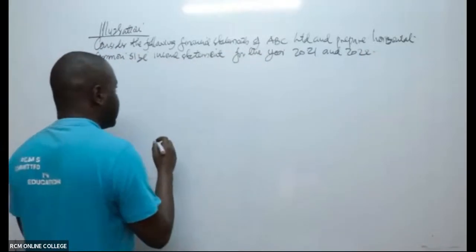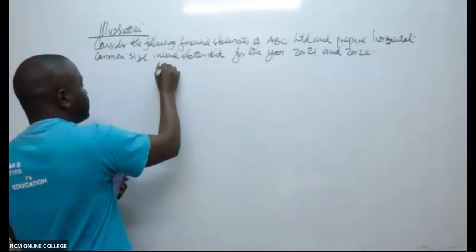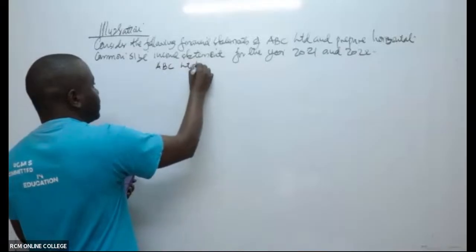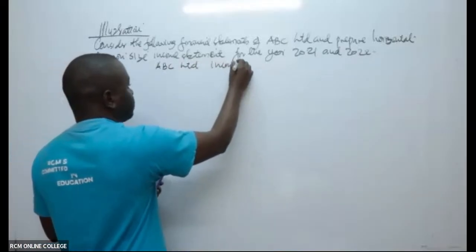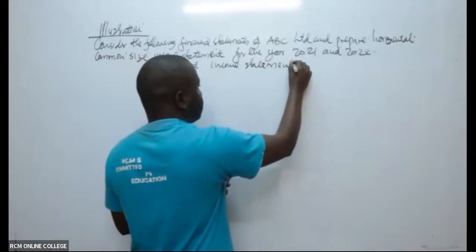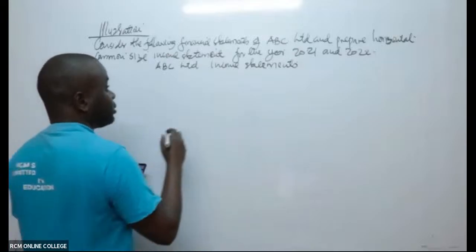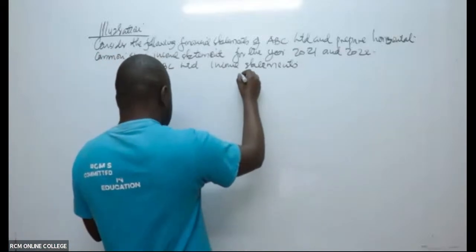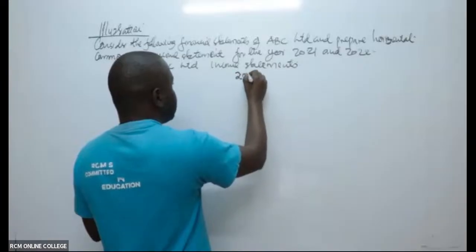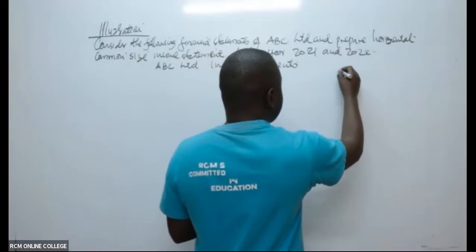So we can have the income statement here. We have ABC Limited income statements. You can have here the year 2021, then you can have here the year 2022.